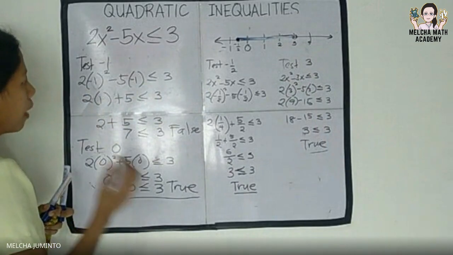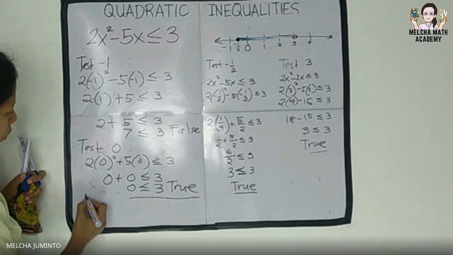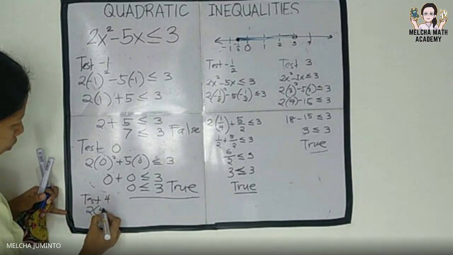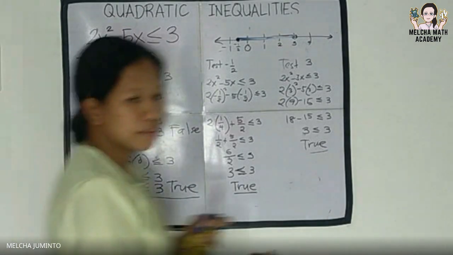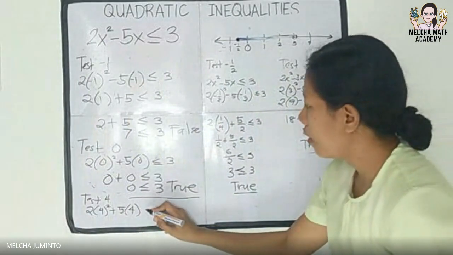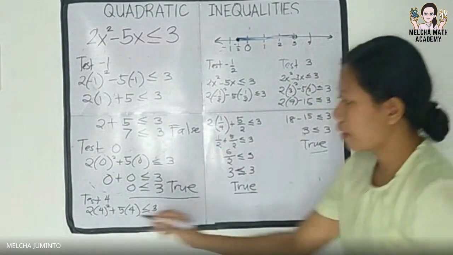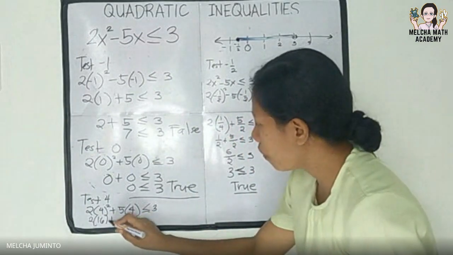A number to the right of 3. And then that is 4. Okay? The easiest number to use is 4. So test 4. 2 times 4 squared plus 5 times 4 is less than or equal to 3. The square of 4, 16. The product of 5 and 4, 20.